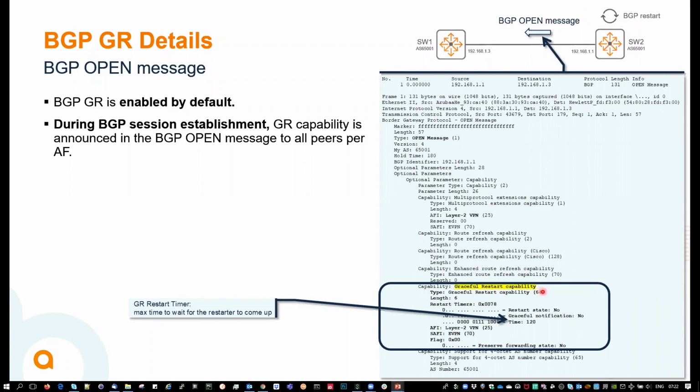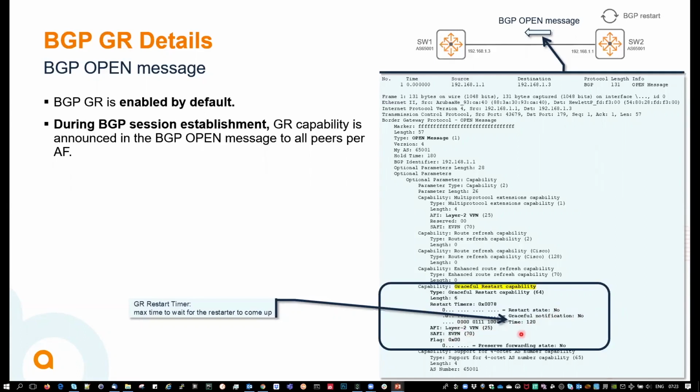We also send the timers. For instance, this is the graceful restart timer, which is the max time you have to wait for the restarter to come up. If the restarter does not come up in terms of control plane establishment before 2 minutes, here as a default parameter, you will clear out all the routes that were stale coming from that switch that is rebooting.